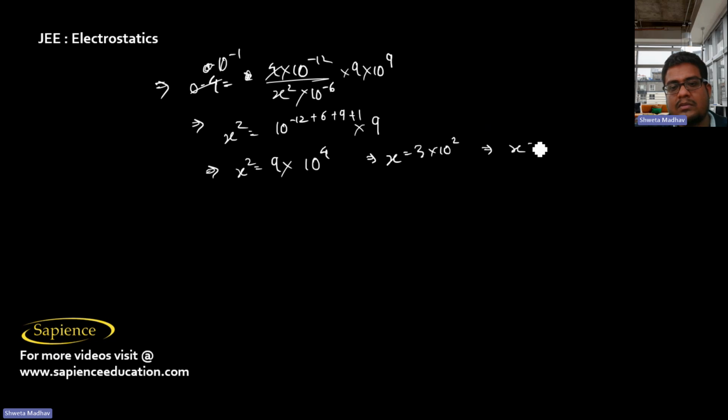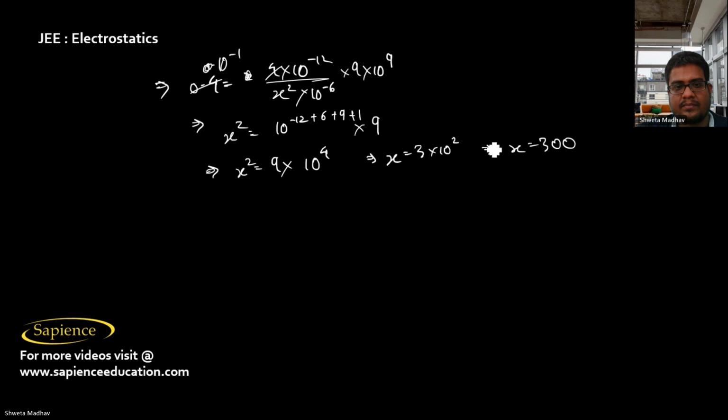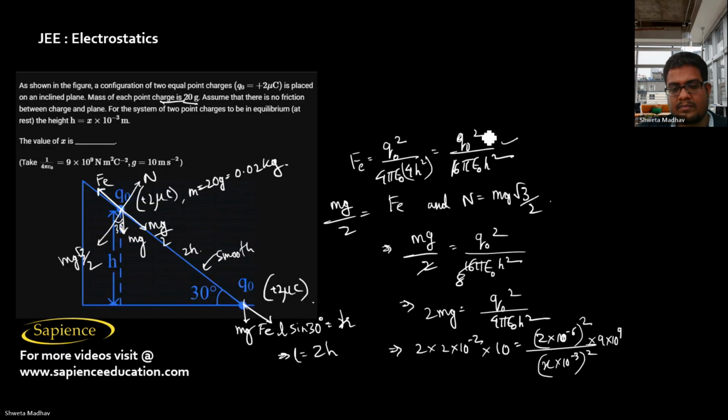So x is equal to 300. So the value of x is 300.